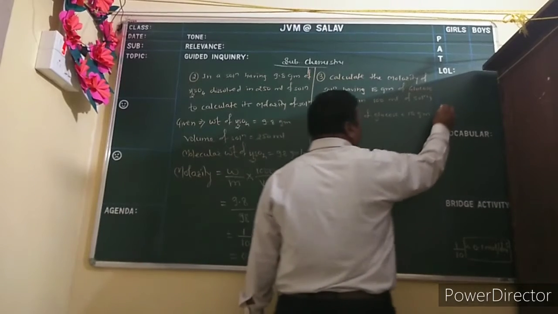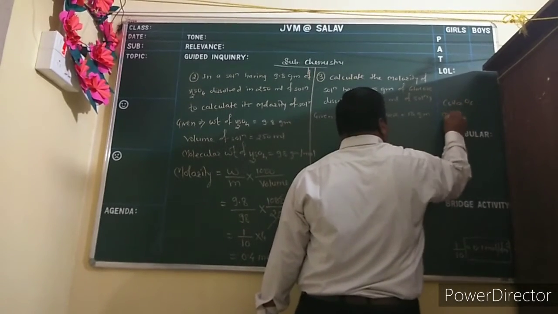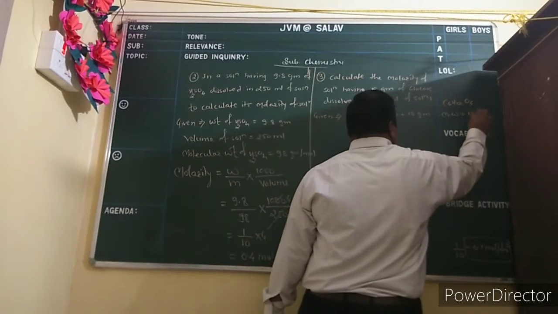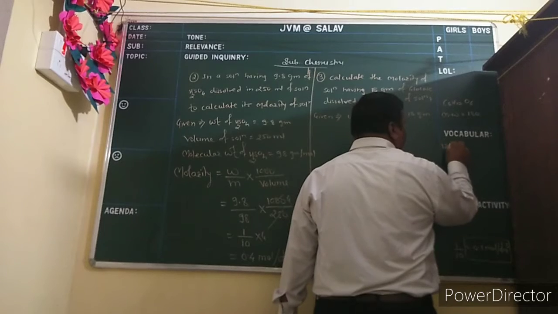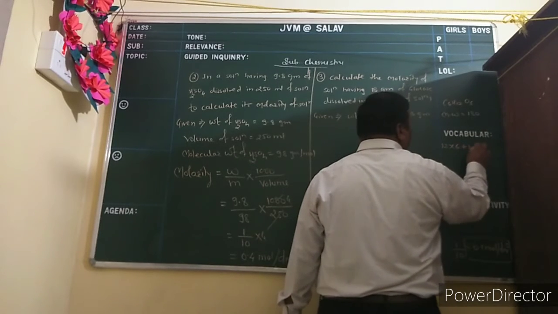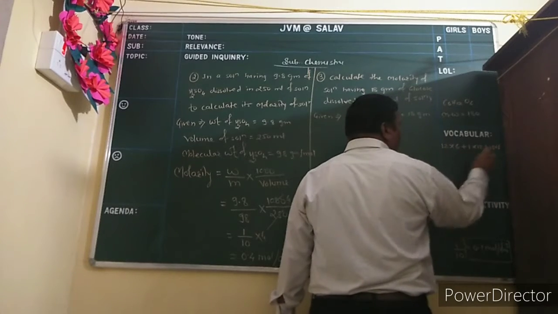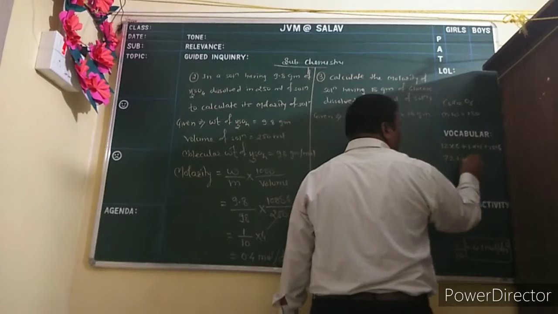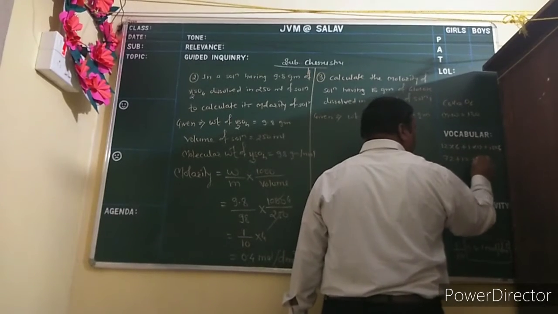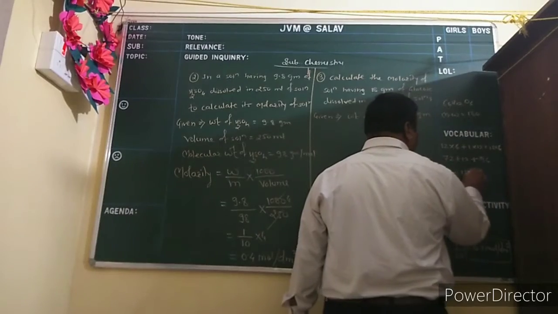You know the molecular formula of glucose, C6H12O6, and its molecular weight is 180. You know how it is 180? 12 into 6 plus 1 into 12 plus 16 into 6, that is 72 plus 12 plus 96, then you will get answer 180 here.